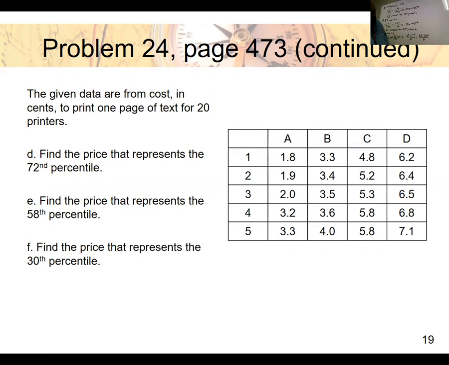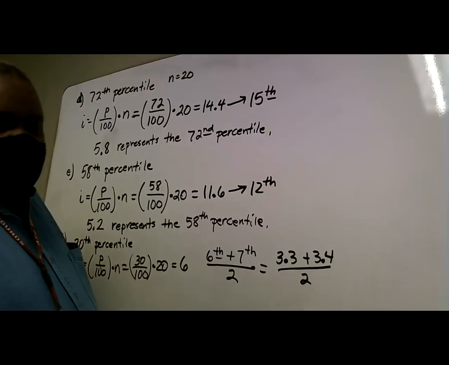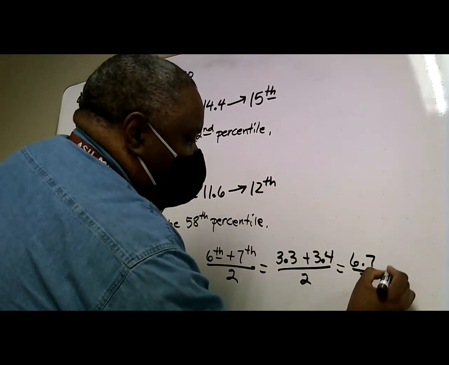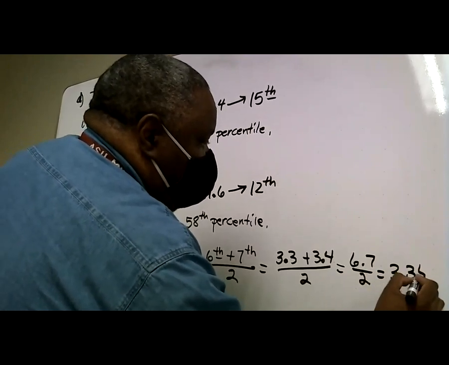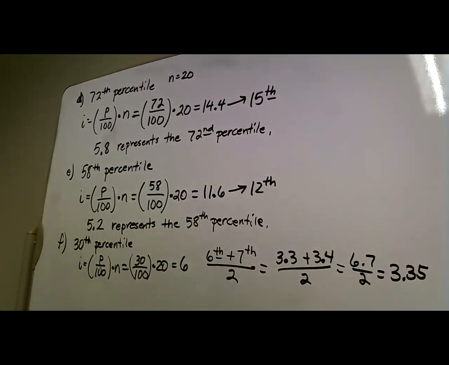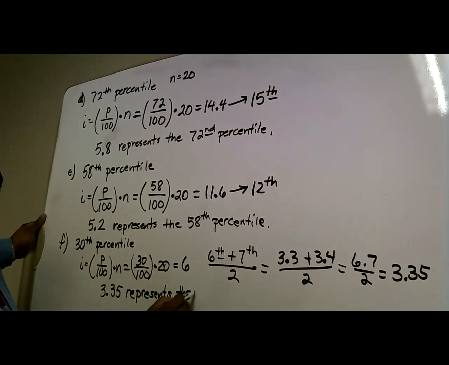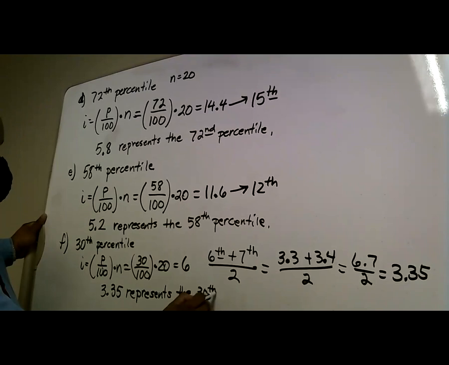So if we figure this out, that's 6.7 divided by 2, or 3.35. So that means that 3.35 represents the 30th percentile.